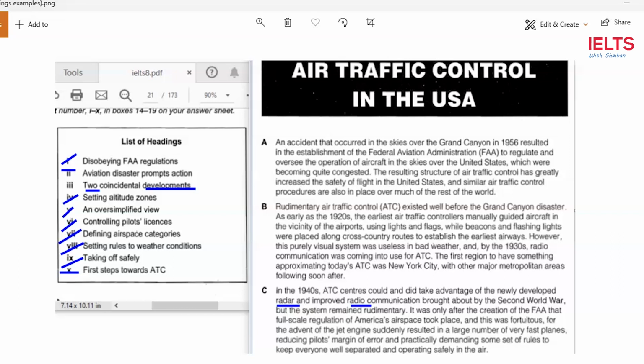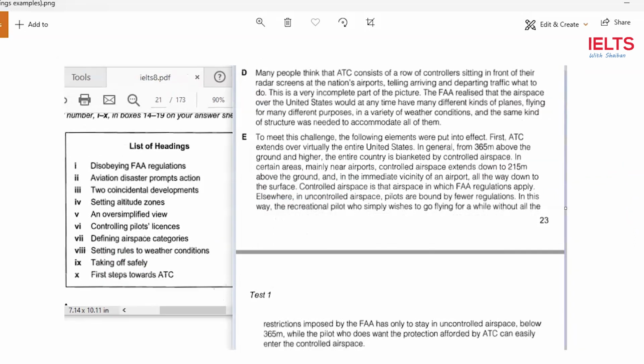I never read beyond the two sentences, because if you do that, you will touch the examples, and in this way you'll be confused, and you might choose the wrong answer from the list. So as you have seen here, paragraphs A, B, C, we finish them. I'm going to finish the rest of the examples in here.